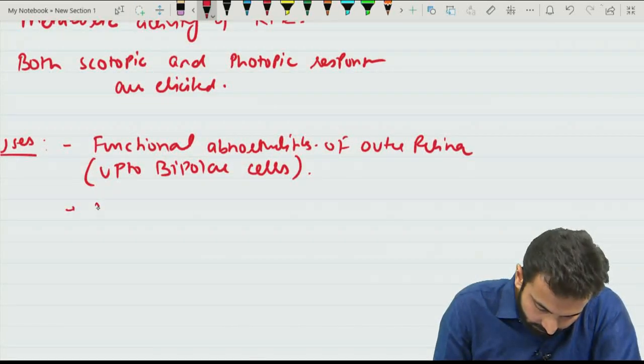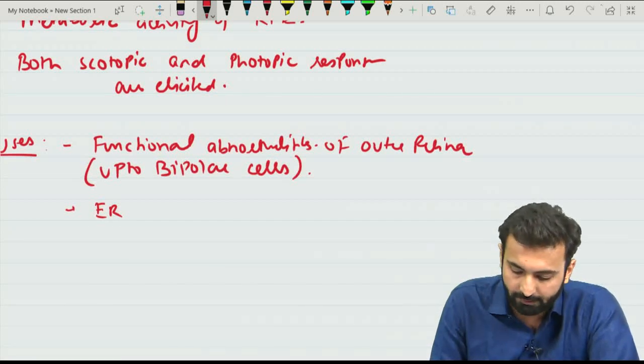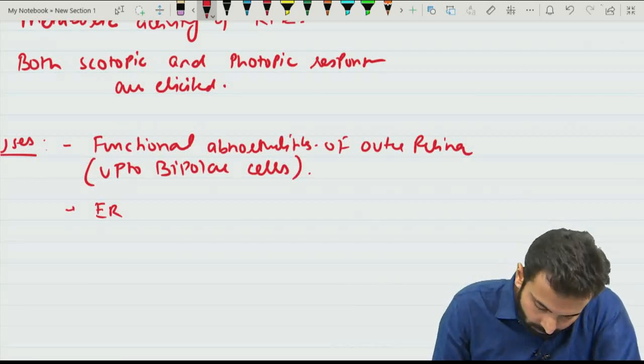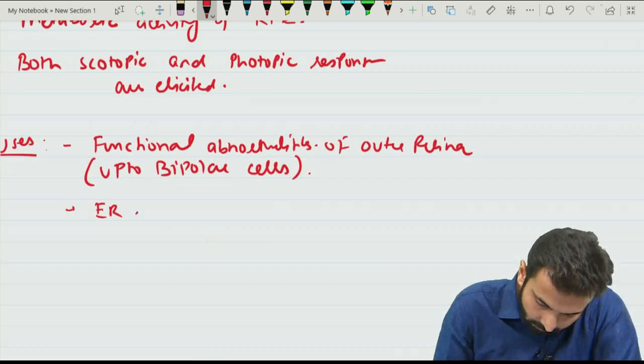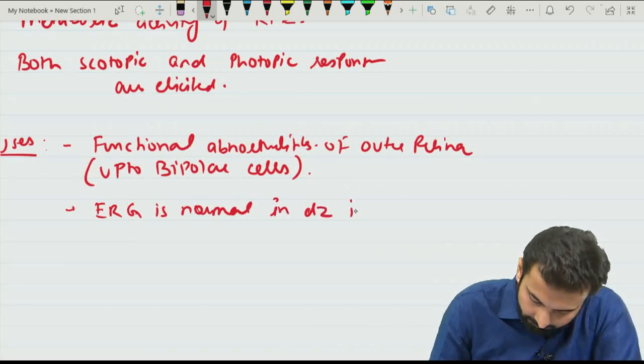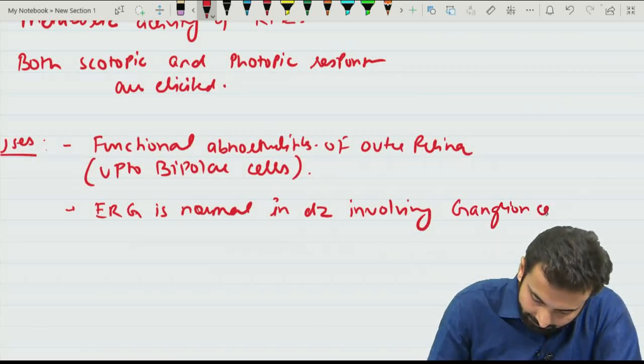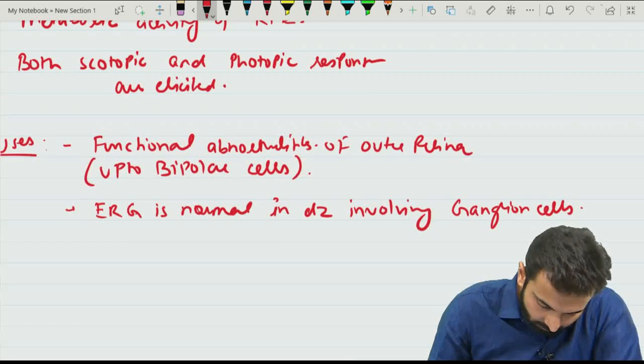Because ERG tells you about the abnormalities of outer retina, ERG will be normal in diseases involving ganglion cells, right?